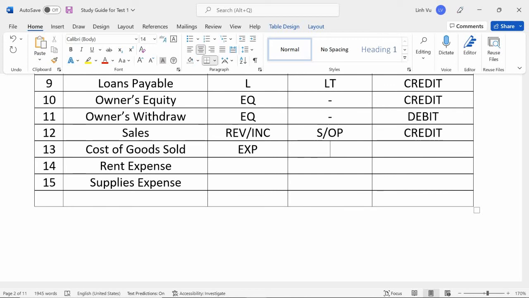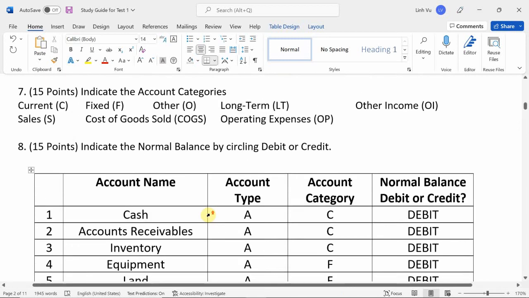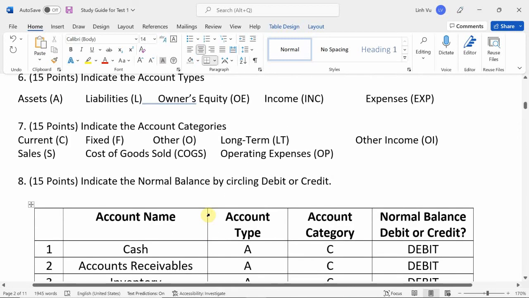You can't have a sales and an expense together. Do you have the study guide in front of you? No. Okay. Not exactly. So in this case, what are the options? Okay. Cost of goods sold.